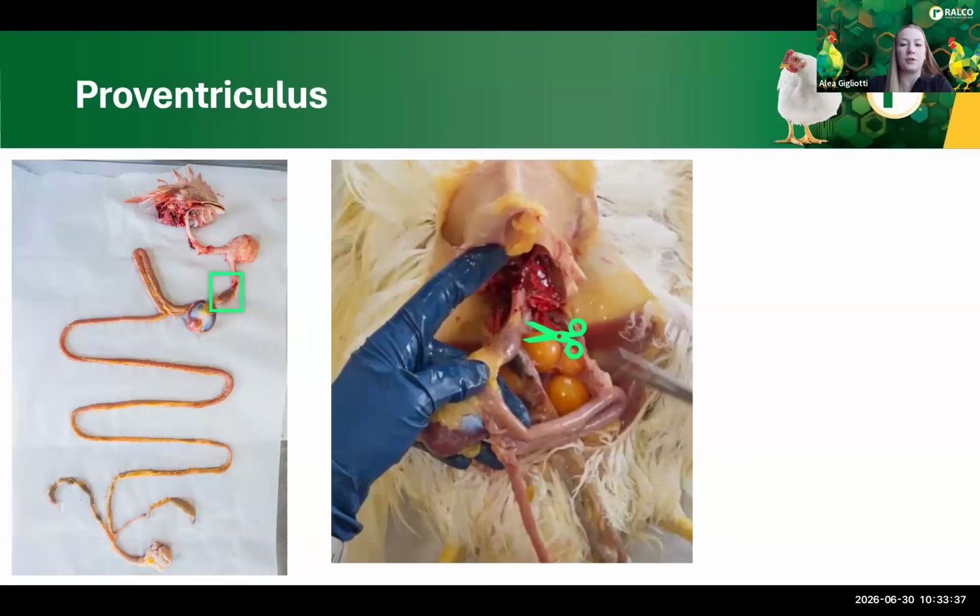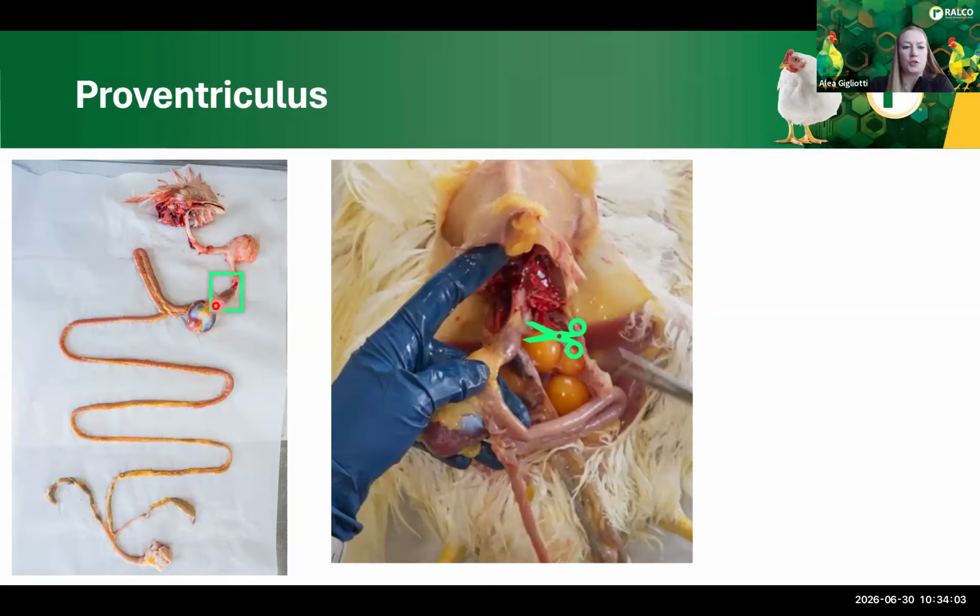You just find the gizzard and pull that out, and it is attached towards the top of the gizzard. Now, this is a pretty easy cut to make. You just find the small proventriculus, cut off from that tube that connects it to the crop, and then you're left with just another cut that you need to make to separate it from the gizzard.